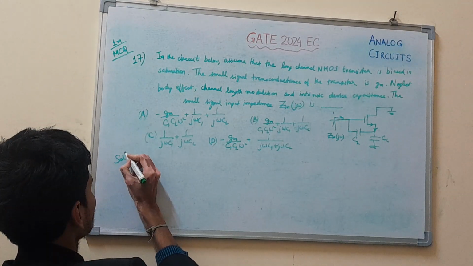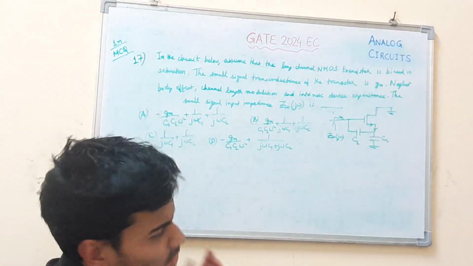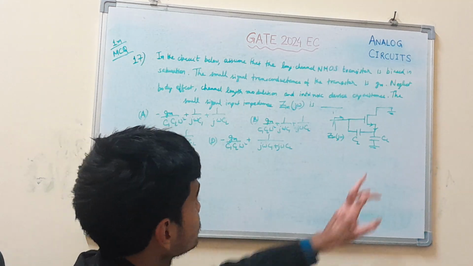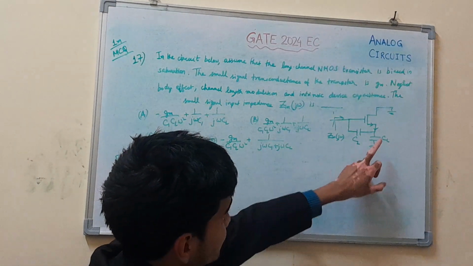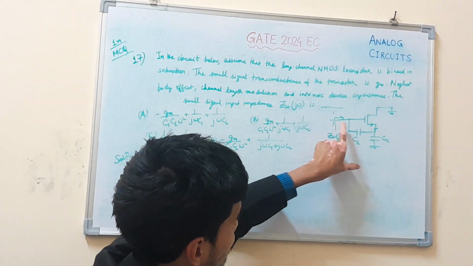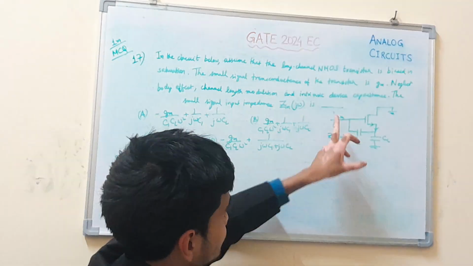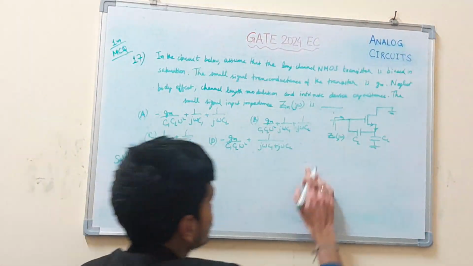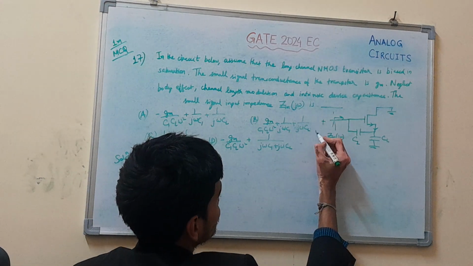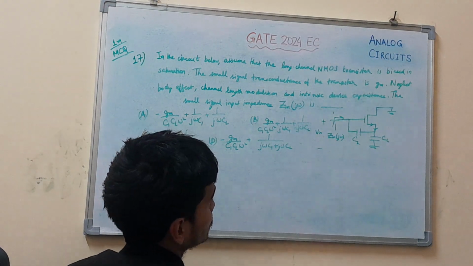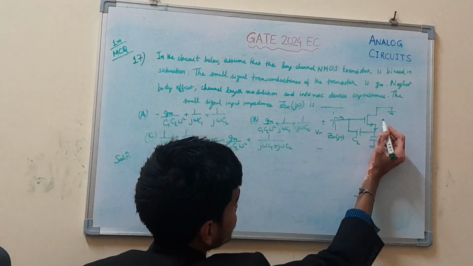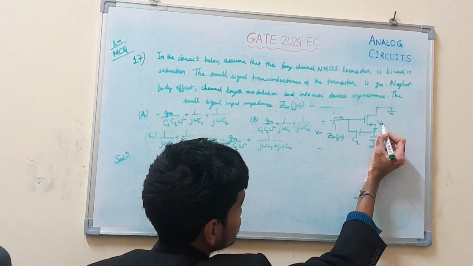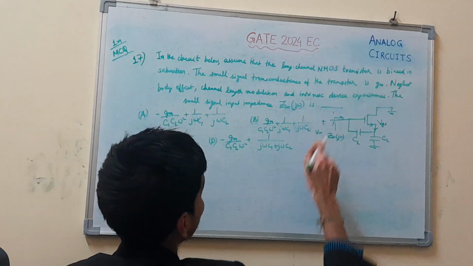Let's know the solution to this question. The solution is very easy. We have to just simply apply KCL or KVL. Find the input voltage, let's say this is input voltage V in. This is the gate to source voltage VGS across the NMOS transistor.